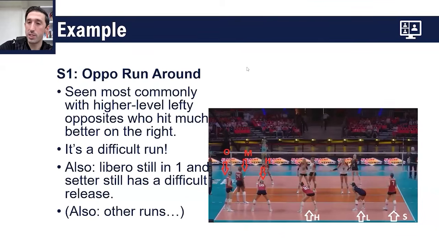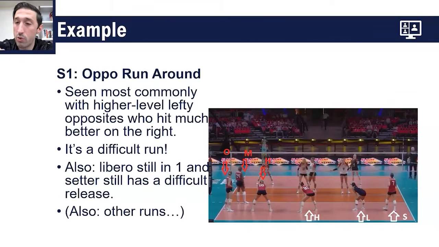The thing about this is, and I like this alignment here for USA women, it's good alignment for them. And I think it's less likely to be the solution for high school and junior teams for a couple of reasons. We talked about that idea of going past set hit. Well, it's not easier passing, because my libero's over there in one. I would have rather had her in six.